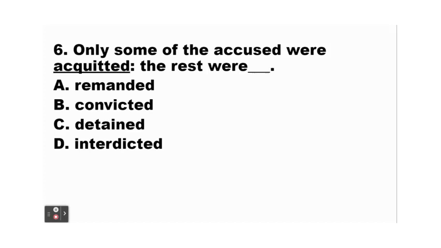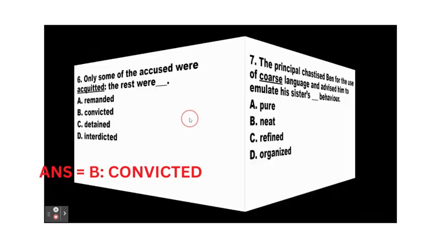But this is the language of the law or judiciary. And so the opposite is convicted. When someone is convicted, he's found guilty. When someone is acquitted, he is declared innocent, all right? So B is correct. Only some of the accused were acquitted, the rest were convicted.